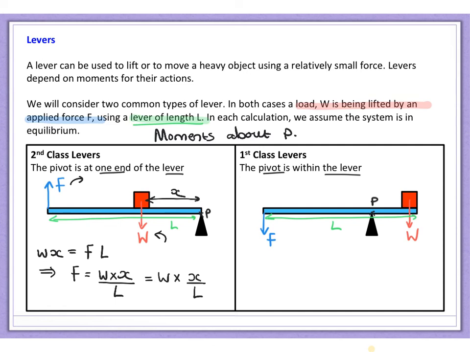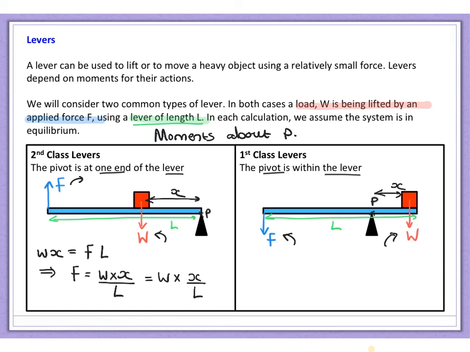So taking moments about P again, I'm going to say that this measurement here is x. So let's look at the two forces. F is going to produce an anti-clockwise moment, W is going to produce a clockwise moment.